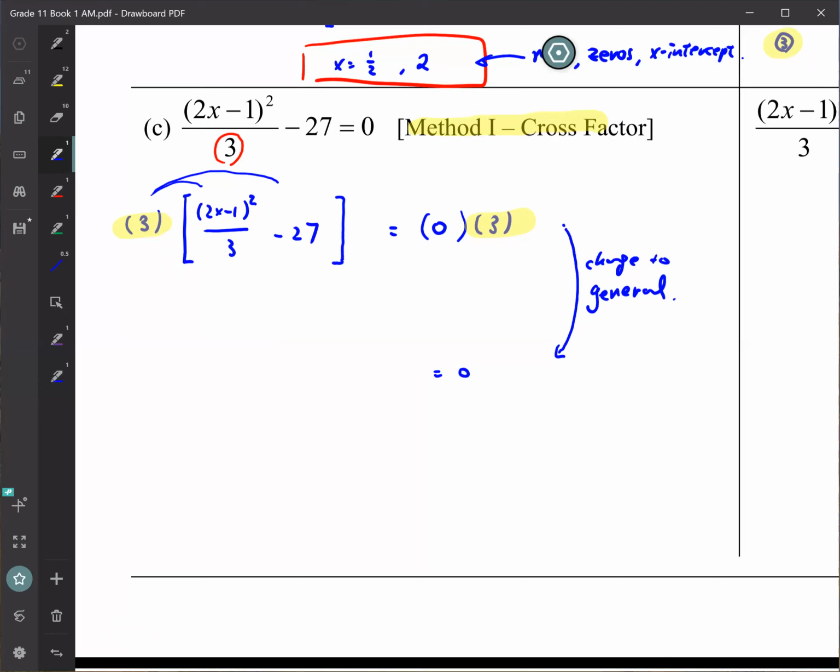And if you are confident that your general form is correct, then you can continue to factor and all the way to getting the answers. But please raise your hand when you get to general form first.